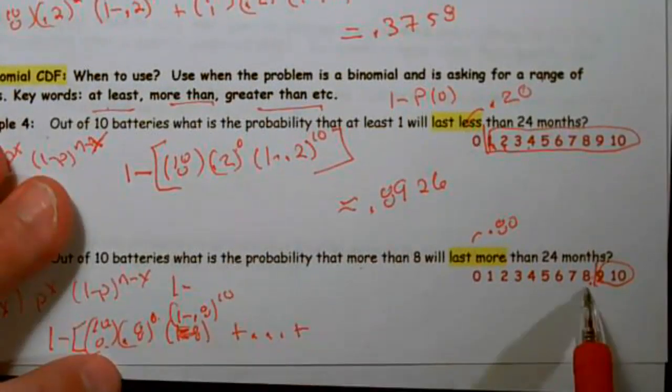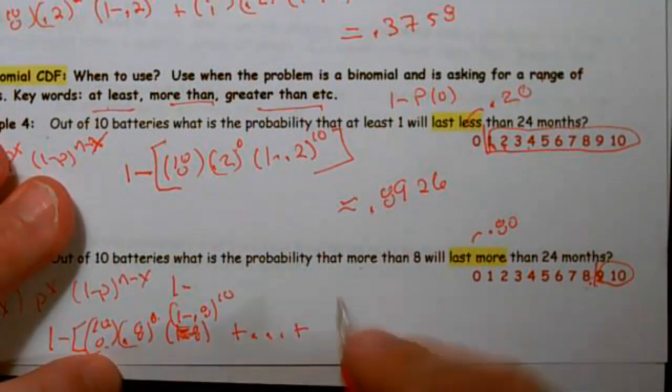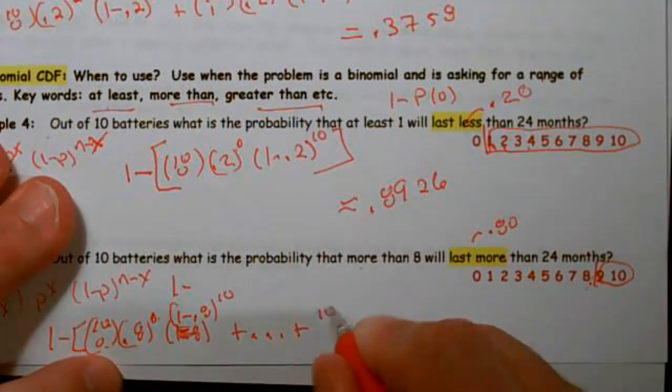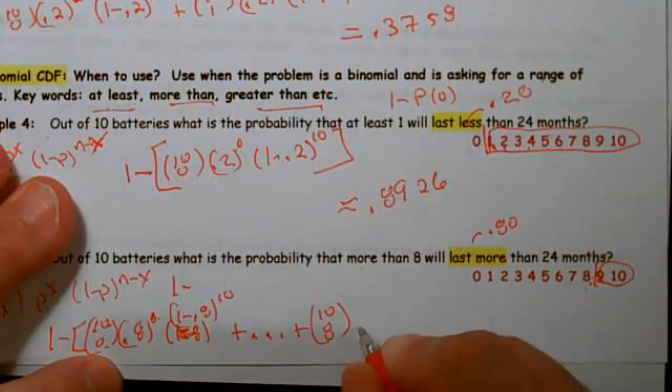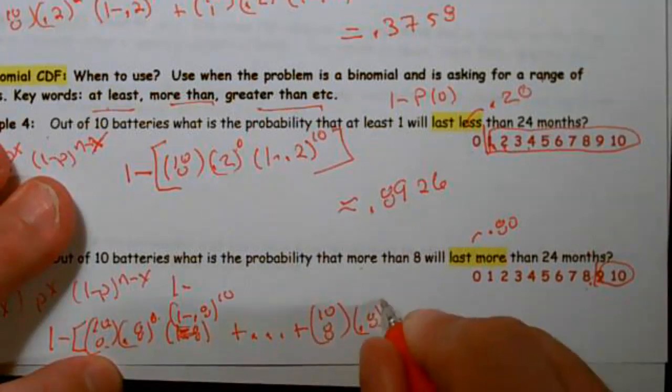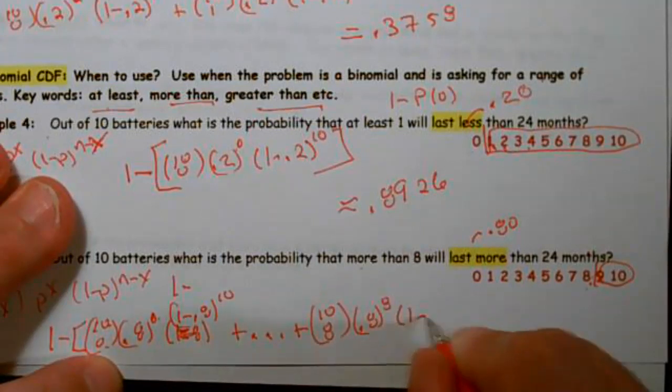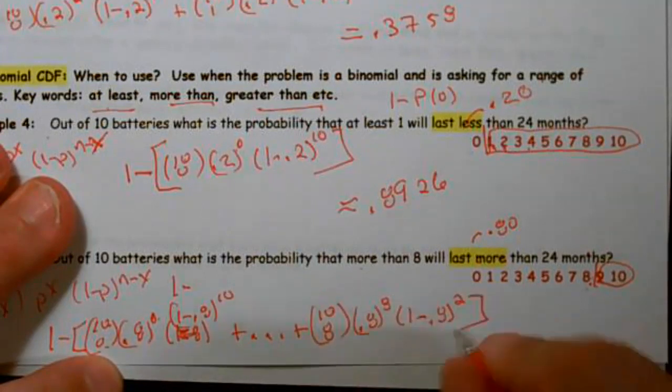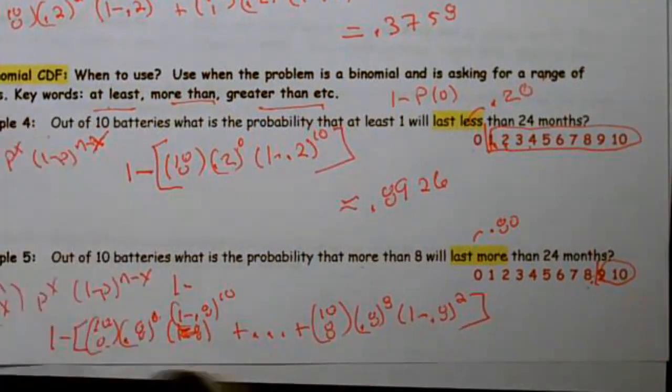And the highest value not selected was an 8. So in this case, 10 choose 8, 0.8 to the 8, 1 minus 0.8, 10 minus 8 is 2, close the brackets, work shown.